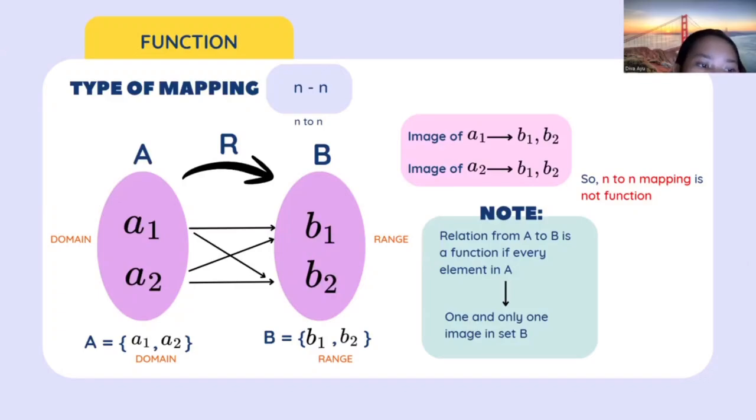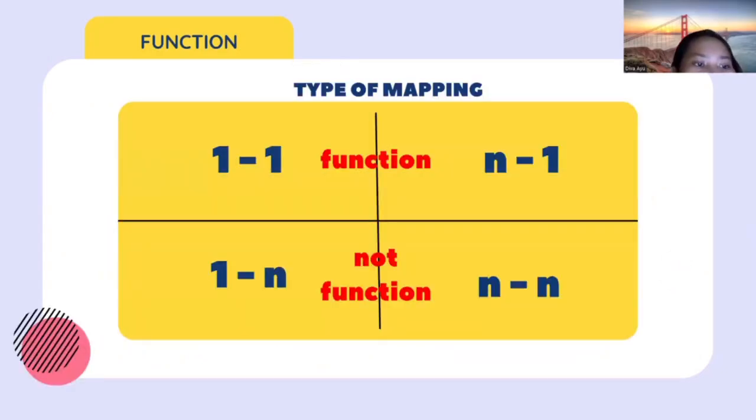This is because more than one element in set A has more than one image in set B. Hope the concept of mapping is clear. We saw that when the mapping is one-to-one or many-to-one, the relation is a function. But when the mapping is one-to-many or many-to-many, the relation is not a function.